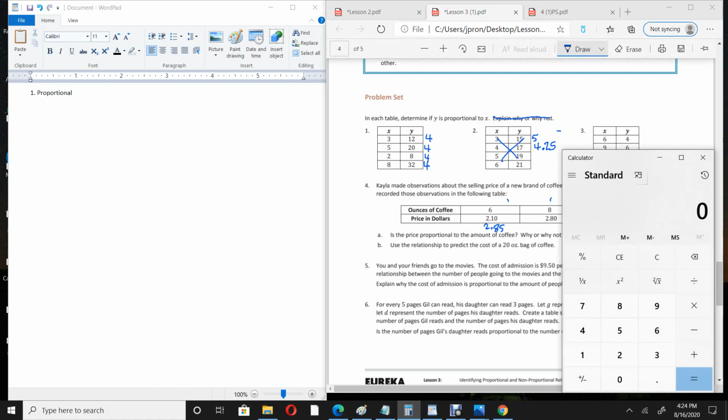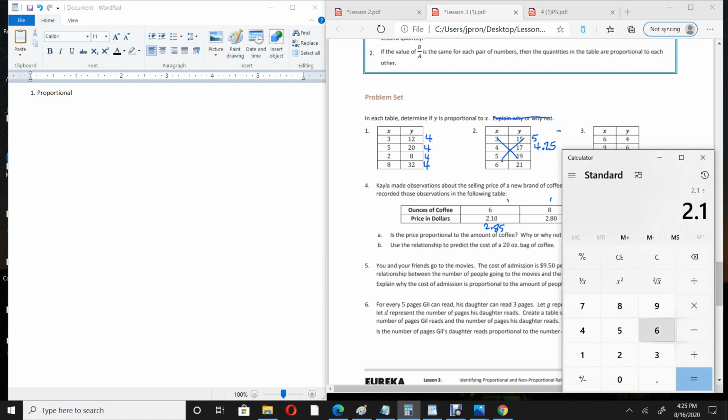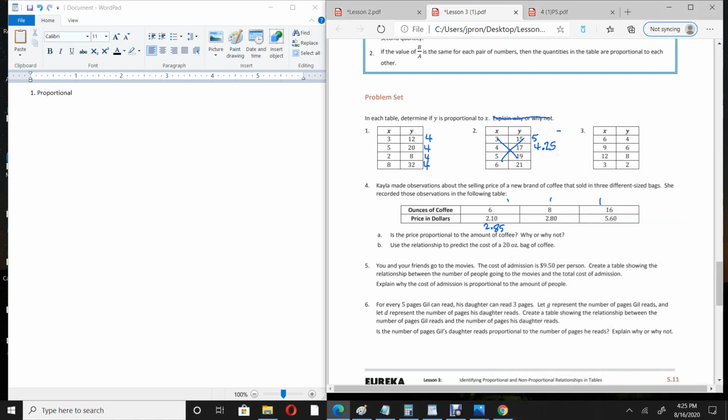So instead, I'm going to divide 2.10, because I think that makes sense. That's the cost for 6 ounces. So we divide $2.10 by 6 ounces, and that means each ounce costs us 35 cents. I'm thinking that's the way that Eureka wanted me to do it. So why wouldn't you put prices up top?